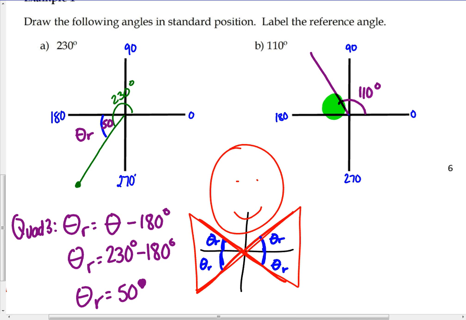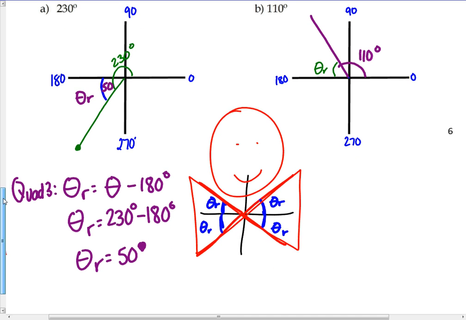Let's try this. Is that better? Blue on top, green on the bottom. So it would be the green in this case. The reference angle would be between the x-axis, in this case the negative x-axis, and our terminal arm, because that's the part of the bow tie.